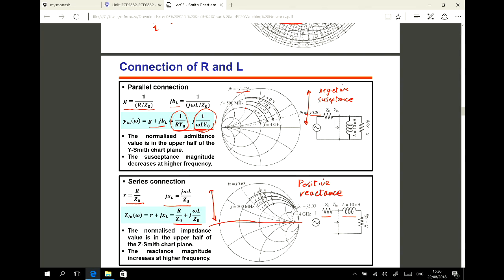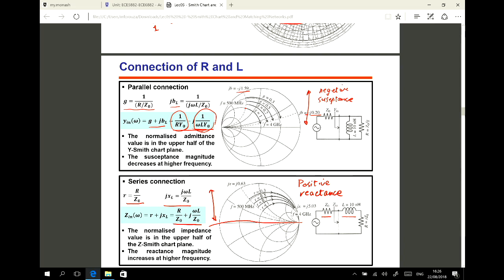C in parallel shows reactance. So this is conductance, this is reactance, this is susceptance, this is susceptance, this is reactance. Now clear. This is an inductor and it shows reactance.